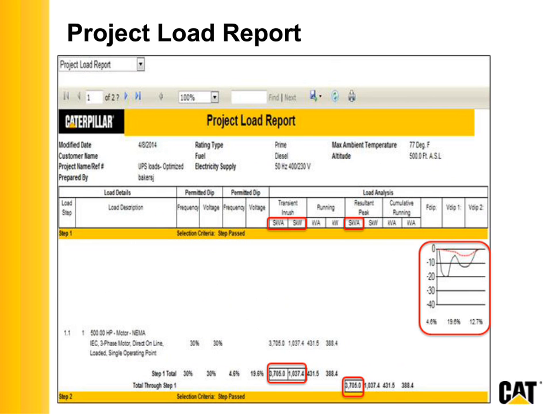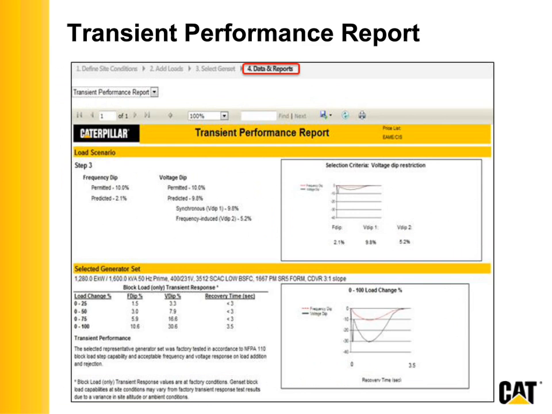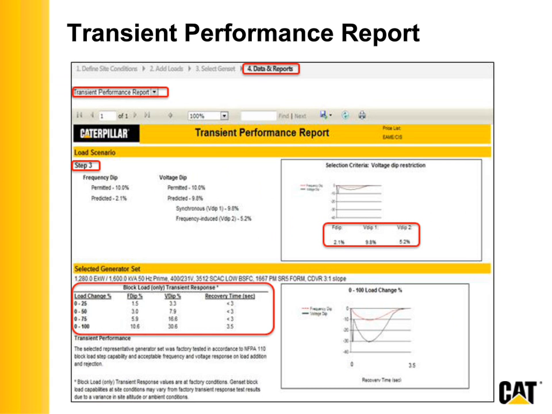Now, the third report that we provide is the transient performance report, and it's basically broken into 2 different sections. The top section is the load step that sized your genset, its transient response. And the bottom section is a block load factory genset transient response test.